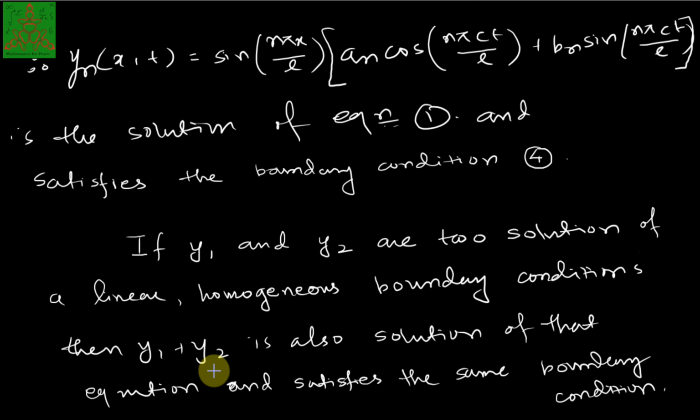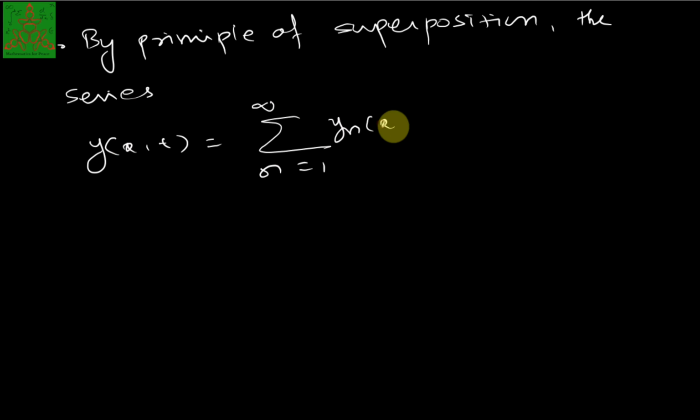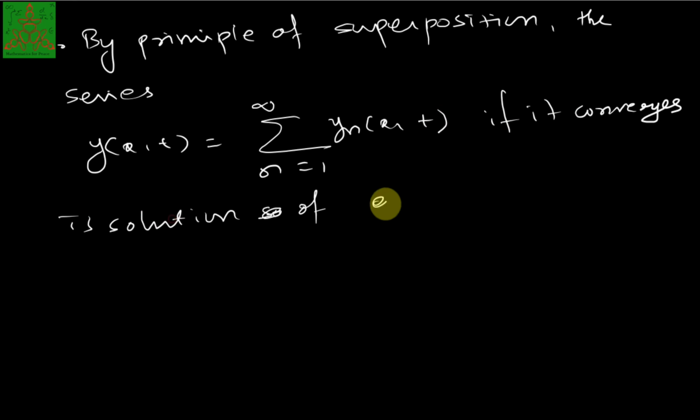We already observed that equation 1 and the boundary conditions are satisfied, and they are linear and homogeneous. Therefore, by the principle of superposition, f of x,t equal to the summation of n running from 1 to infinity of yn of x,t, if convergent, is also a solution of equation 1.